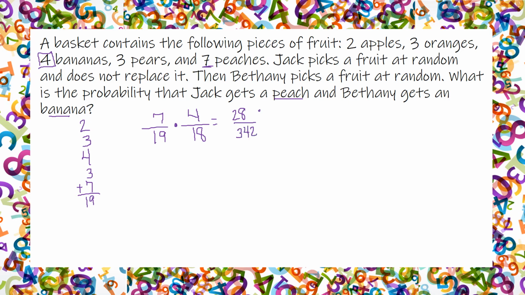I do see both of these are divisible by 2, so I can simplify them. I get 14 out of 171 chance of getting a peach for Jack and a banana for Bethany.